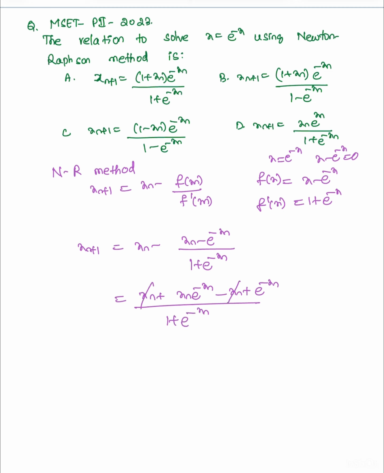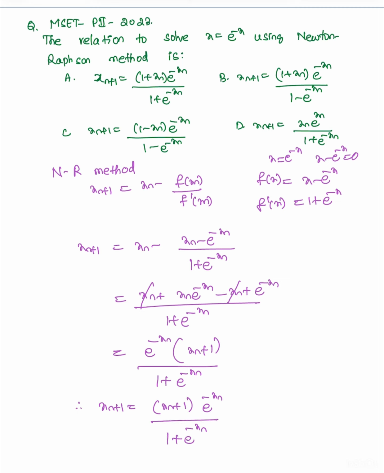So this cancels, and we can take e raised to minus x_n common. Therefore x_(n+1) is equal to (x_n plus 1) into e raised to minus x_n divided by 1 plus e raised to minus x_n. So this agrees with option A. Therefore the correct option is option A.